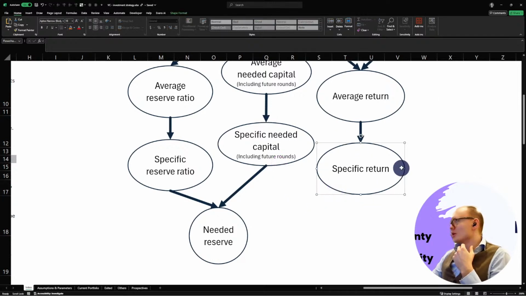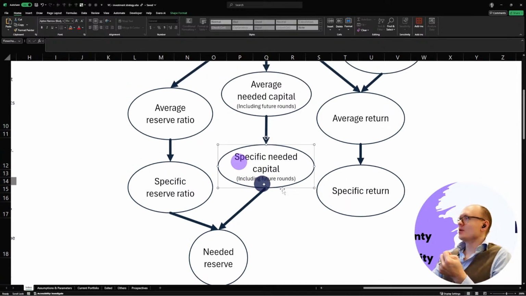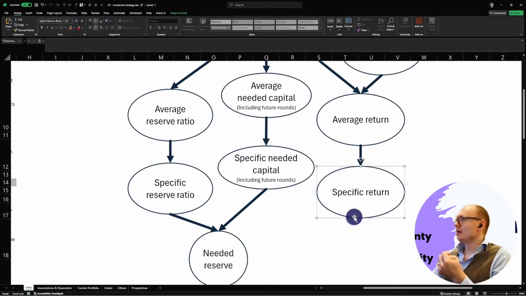So we want to condition, as it's called, on what we have observed historically and what we will observe in the future. We want to add them here as nodes that we can say, well, if 5 of our previous investments exited, for all of them, what was the return for each of them that we observed here?